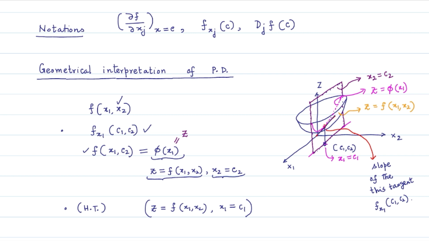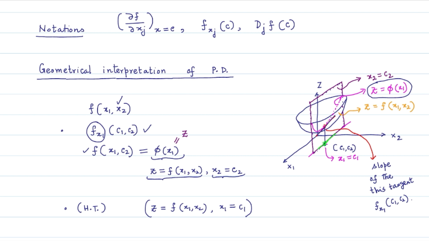Now here we notice that while calculating the partial derivative with respect to x1, we are eventually taking the derivative value of this intersection curve z equal to phi of x1, and while calculating the derivative value of this function phi of one variable x1, we focus our attention on this line x2 equal to c2, then we vary ourselves in the neighboring point of c1 c2, and then we calculate the instantaneous rate of change of the function value around the point c1 c2.